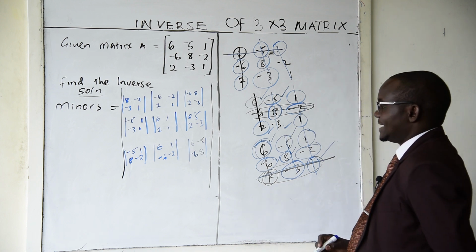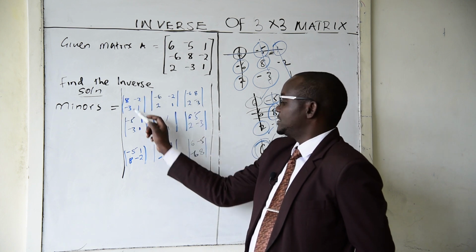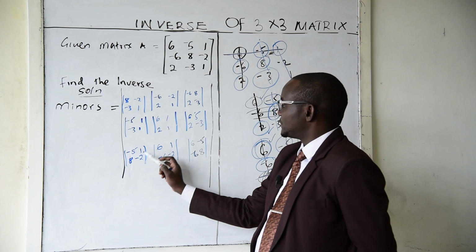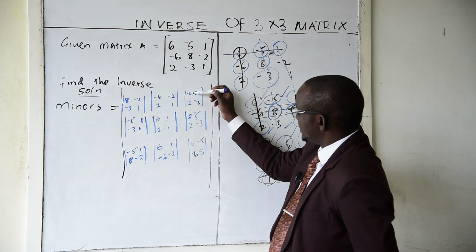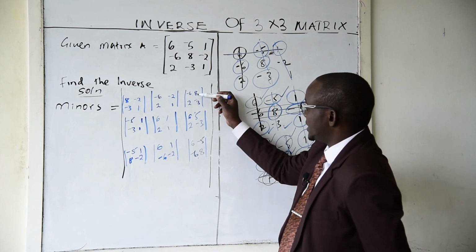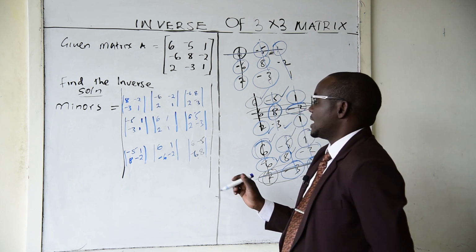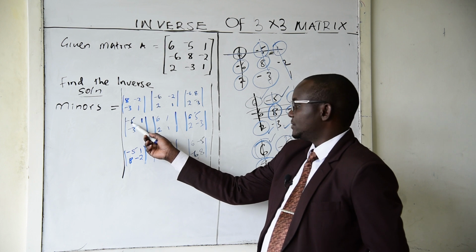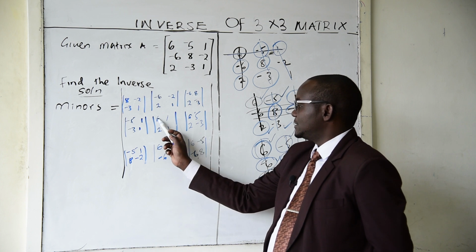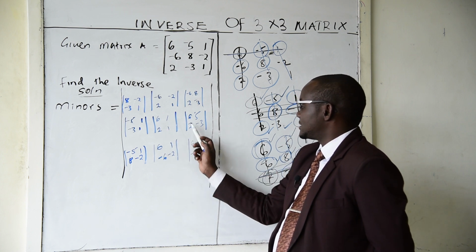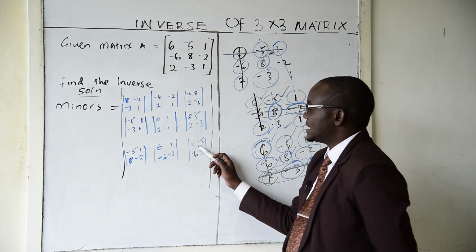Something you need to take note of is that if you compare this first row, 8, negative 2, negative 2, negative 6, negative 6, with the other elements, that is just to be sure that your elements are not wrong. If I compare this row, negative 5, 1, 1, 6, 6, negative 5, just to be sure that the elements of these minors are correct.